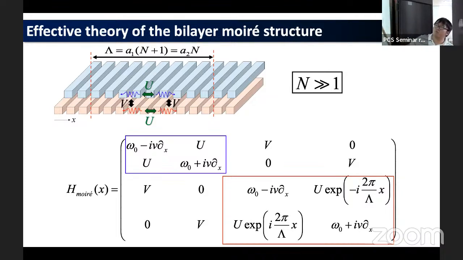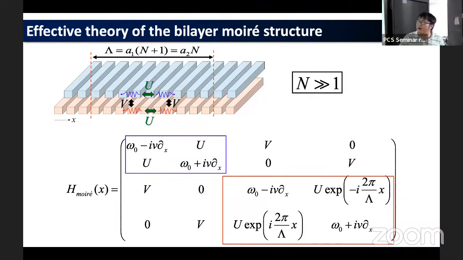So at some point, we have them perfectly aligned, so the shift is 0. It's similar to the AA configuration in graphene. And here in the middle, for example, you see that they are mismatched, shifted by half of the period. So it's the AB configuration.